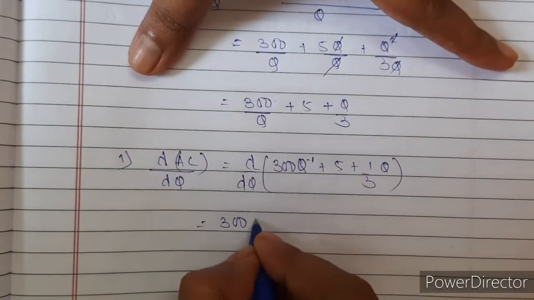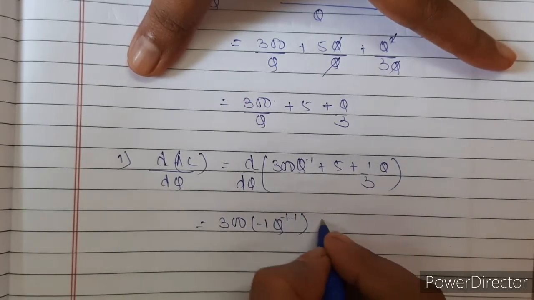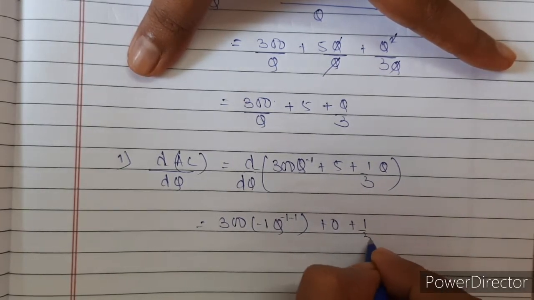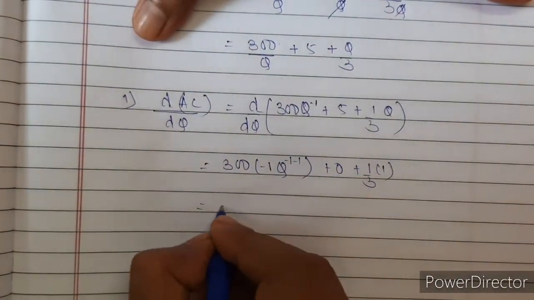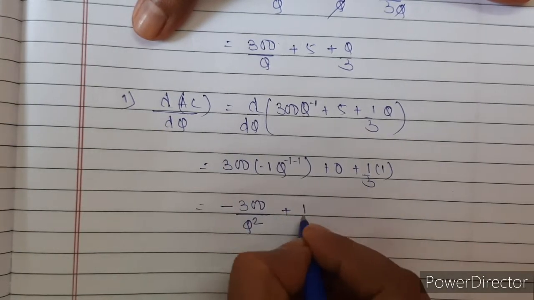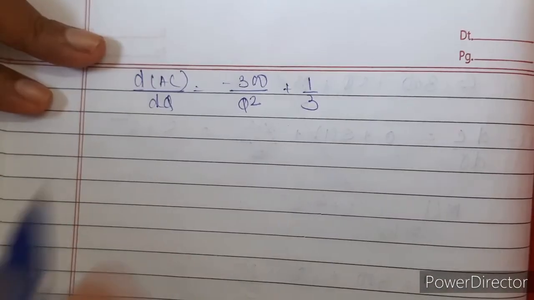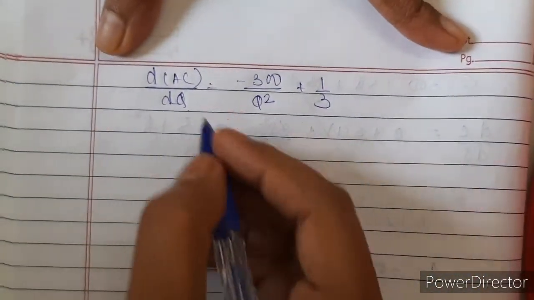Derivative of Q inverse is minus 1 Q to the power minus 1 minus 1. This will be 0 plus 1 by 3, and derivative of Q is 1. It is with respect to Q. So we can write this as minus 300 by Q square plus 1 by 3.